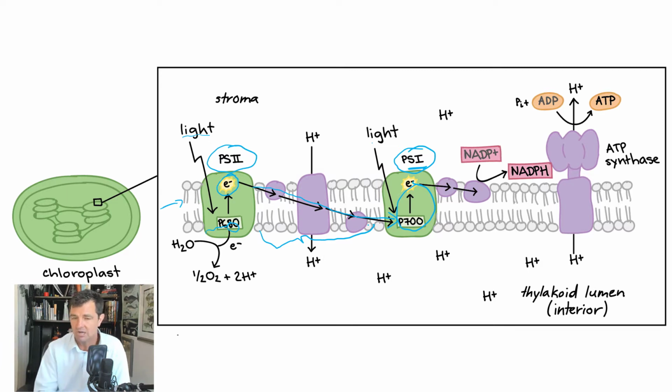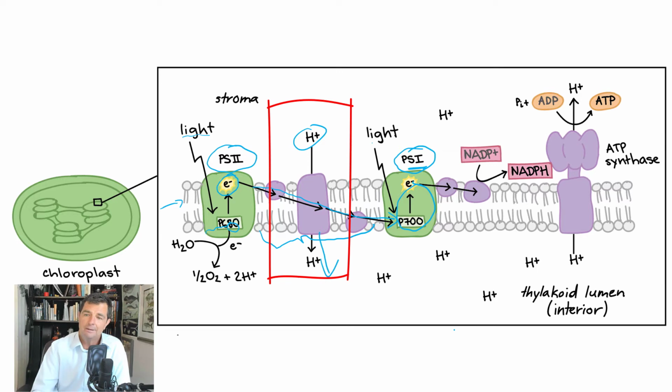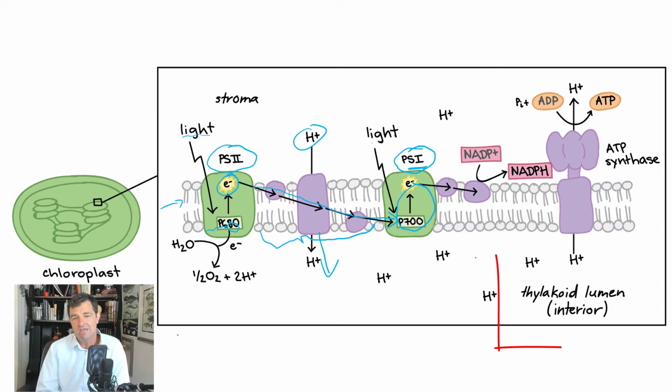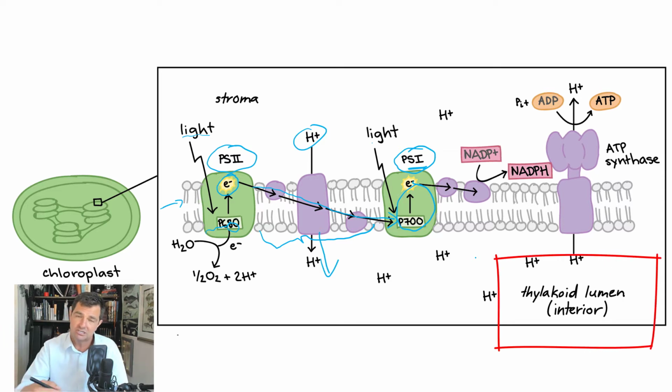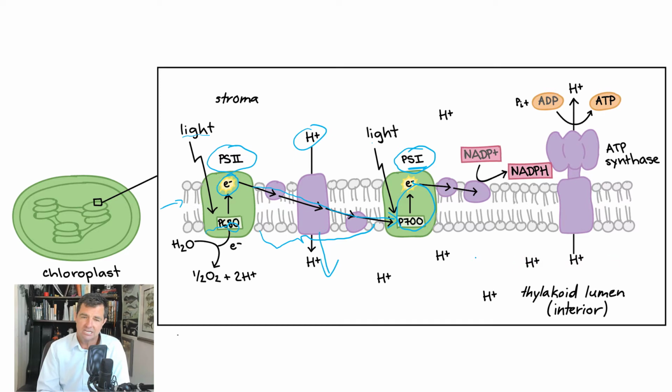It's basically the same concept where we have an electron at high energy, and then as we drop it downstairs from protein to protein to protein, we're using some of that energy to, once again, which we saw before, pump hydrogen ions, in this case, into the thylakoid lumen on the inside. So a little bit different direction compared to what we saw in cellular respiration, but it's the same basic idea.